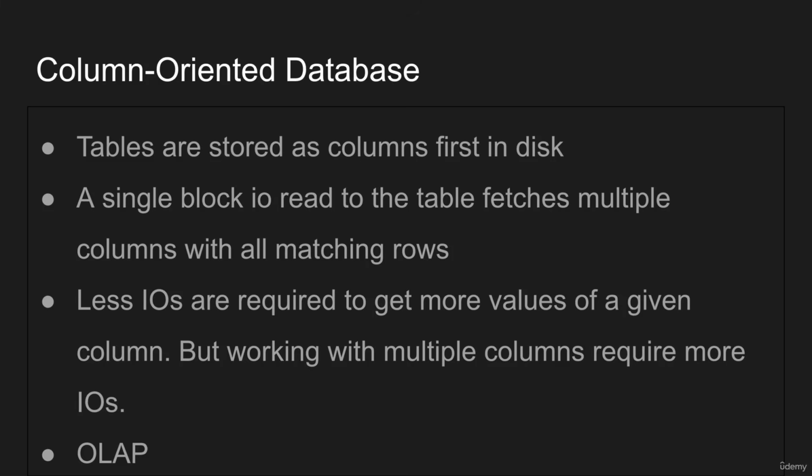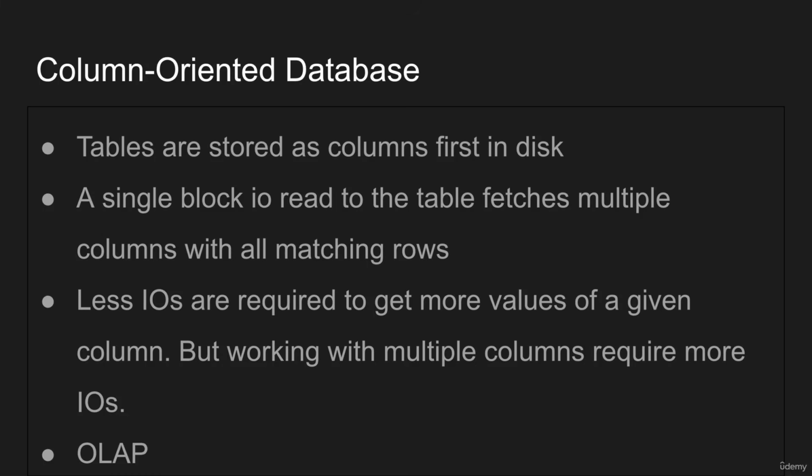So with column-oriented databases, if you think about it, tables are stored as columns first on disk. So think about the first name column, the ID column, the last name column. What they do is they take the first name and all possible values, John, Melissa, Rick, Paul, Hussein, everybody, and save them on disk as consecutive values.